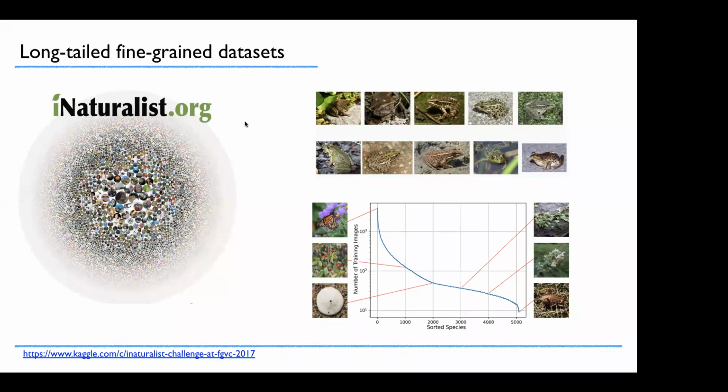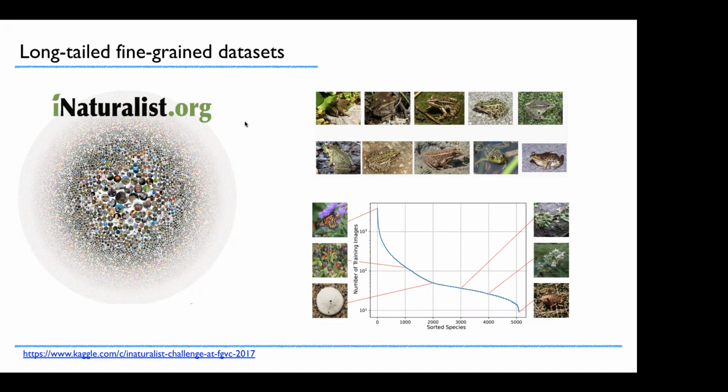And of course, there are species that have gone extinct, in which case you would have zero shot. And the only way you could recognize those is through some shared notion of parts and attributes. So this is just something to anticipate as you go through the rest of the tutorials today, that the long tail is something we must confront.